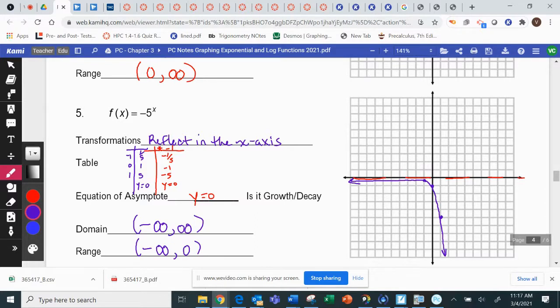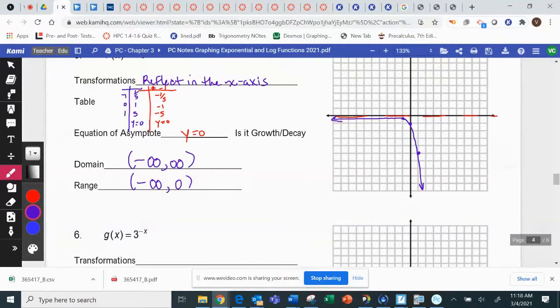Oh, I just wrote the equation here. I could have written 5 to the x right there instead of y. Either's fine. I was just writing the parent function there.